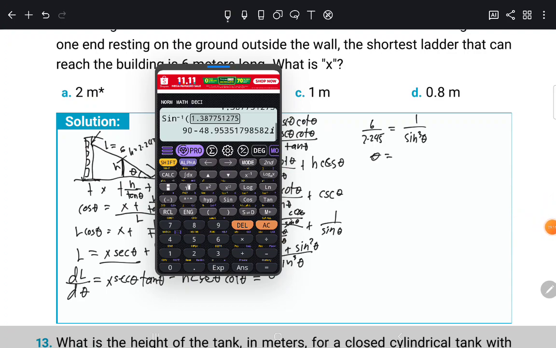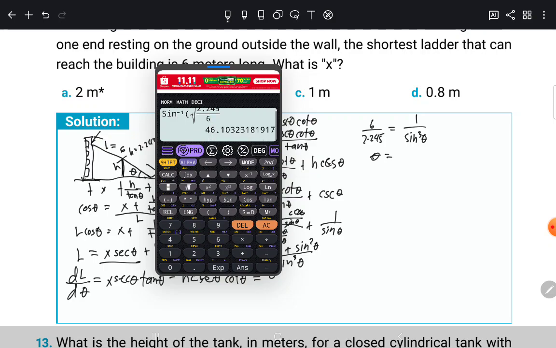It should be, because we are cross multiplying, so that should be 1 all over 1 divided by sine inverse of the cube root of, we inverse that because it's a cross multiply, so it will be 2.245 all over 6.